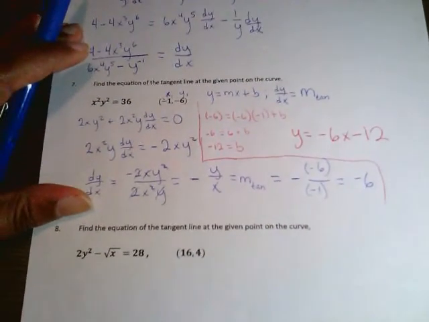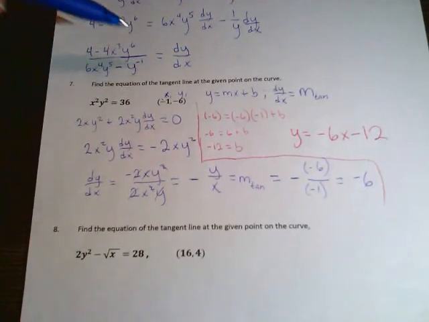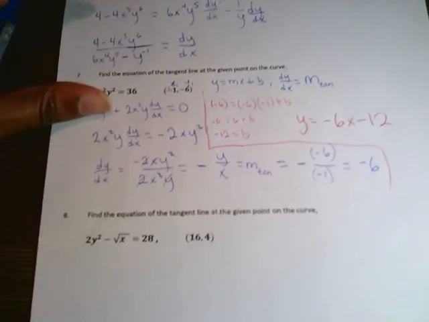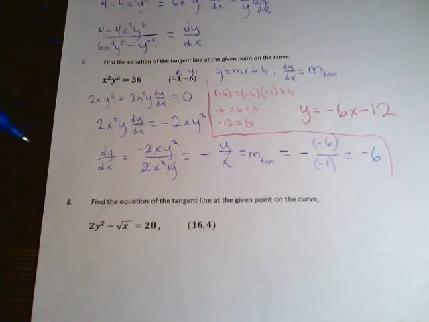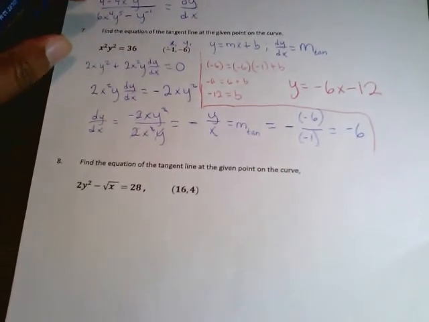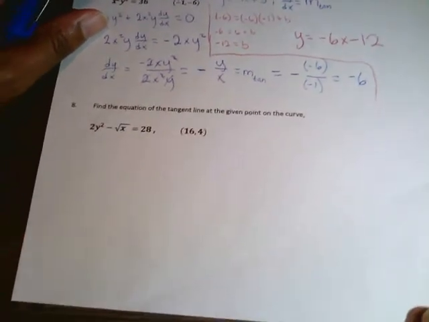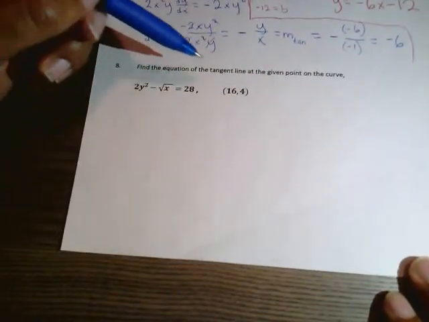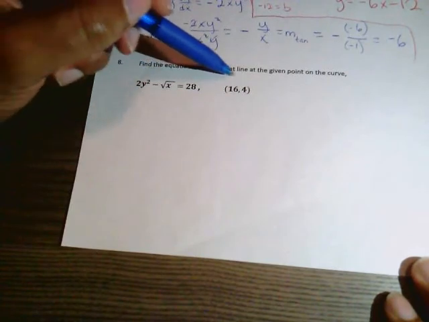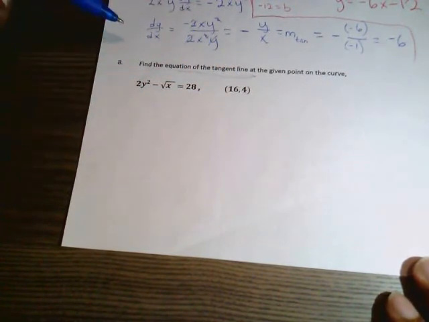In the previous problems, you were just looking for dy/dx, so you did have to go through all of those steps to get dy/dx isolated. But now I'll show you one for problems 7, 8, and 9 at least, where you can skip some of the tedious work. So again, it only works when you're given a point and you're looking for the equation of your tangent line.